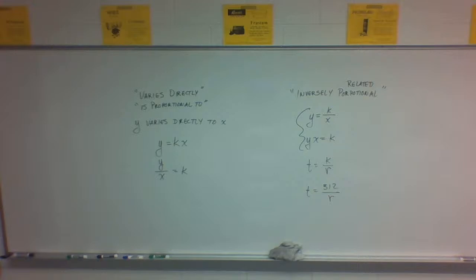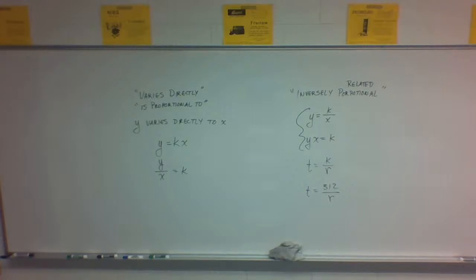Kind of going backwards here. We're looking at an equation and stating what it is in English. It's one of those right there. K is 2 pi, so we say circumference varies directly with the radius, or circumference is proportional to the radius, because it looks like that function. You see what I'm saying or not? Yeah. Okay.